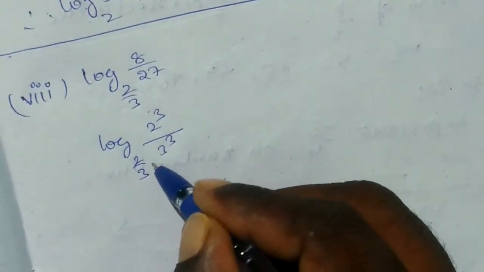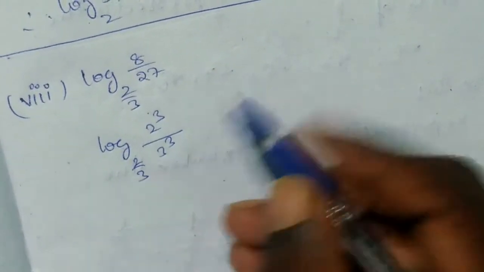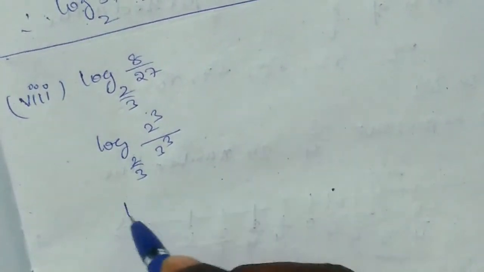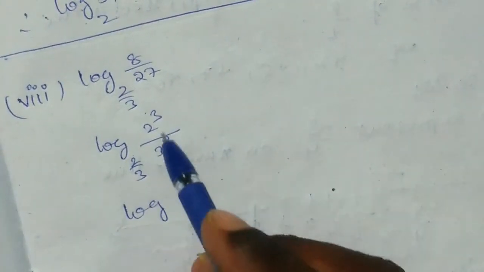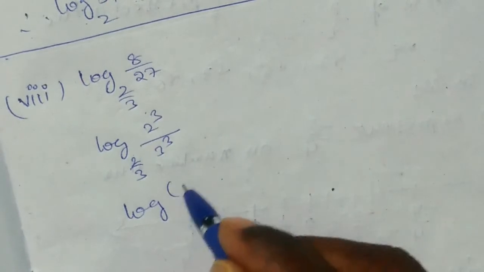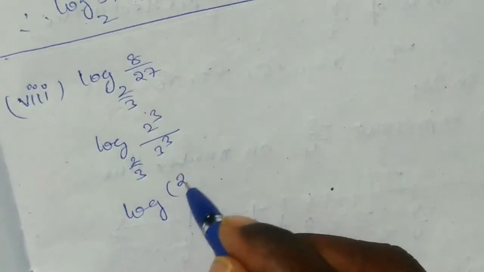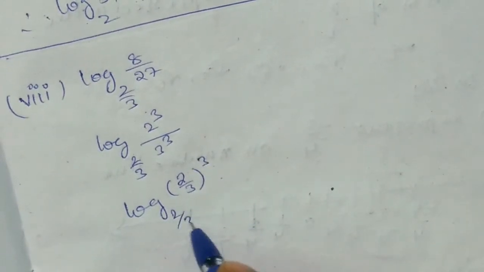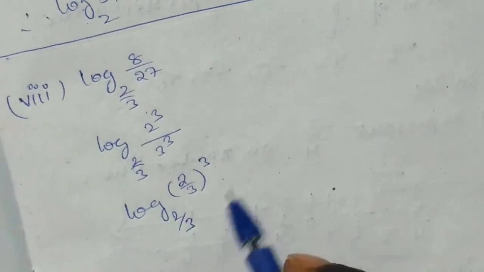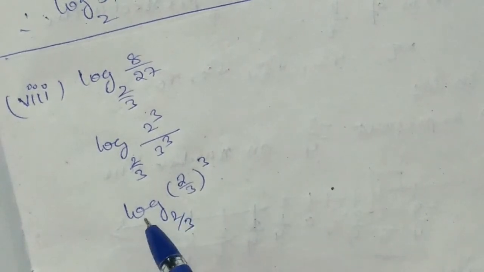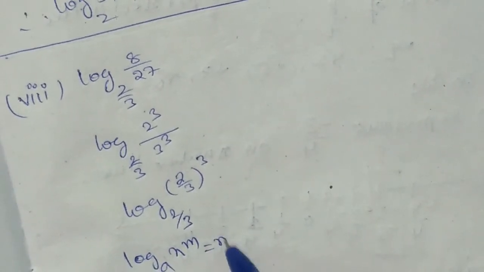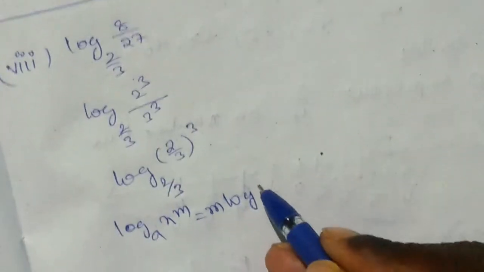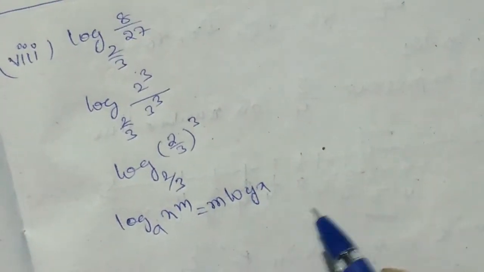So it is log of (2/3) whole cube, base 2/3. Now we have the formula log x to the power of m base a is equal to m log x.